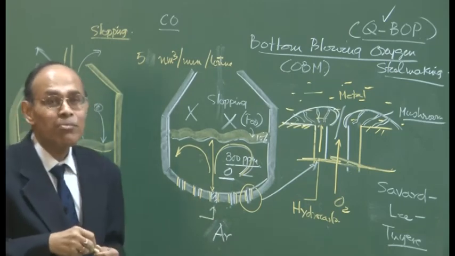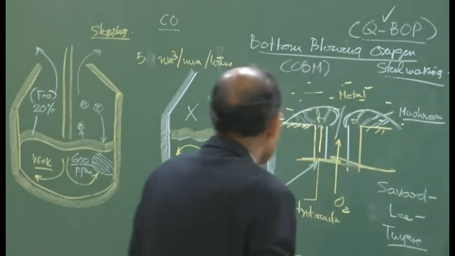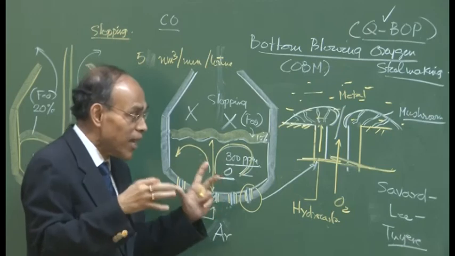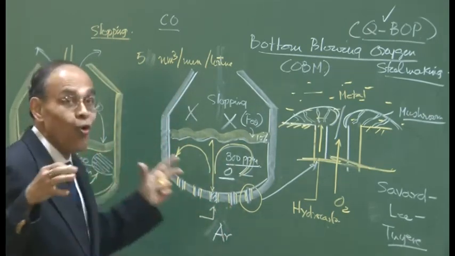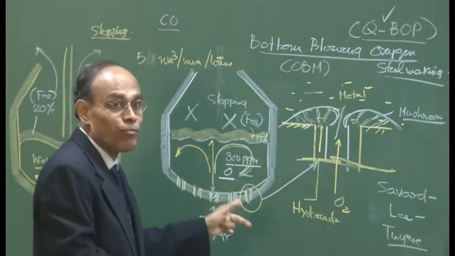So the bath agitation process, whereby you use a top jet supplying oxygen and argon from the bottom, seems to work well, and the worldwide trend now is to go for more and more bath agitation processes as far as oxygen steel making is concerned.